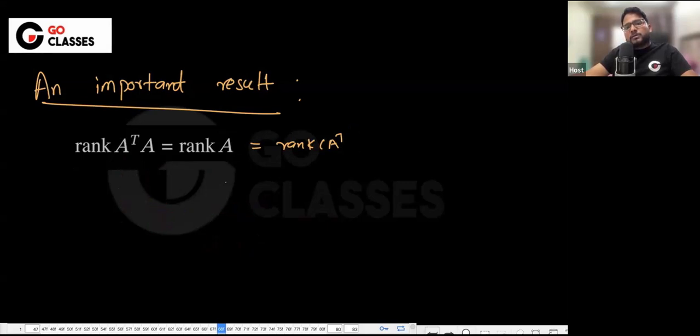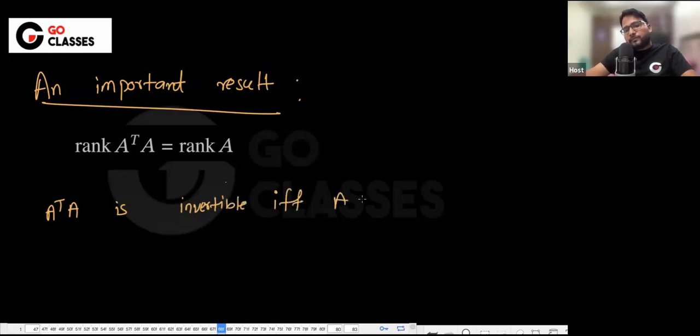Okay, so is this okay to everyone? That both are having same rank, which means that A transpose A is invertible if and only if A is invertible, isn't it?